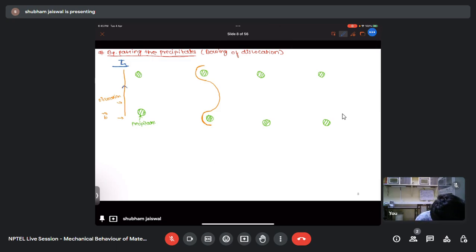Here I can draw the line vector here, here, here, here, and here. As more stress is applied, this dislocation will go further, and there will come a time when the segments of dislocation with the opposite line vector will cancel out each other.